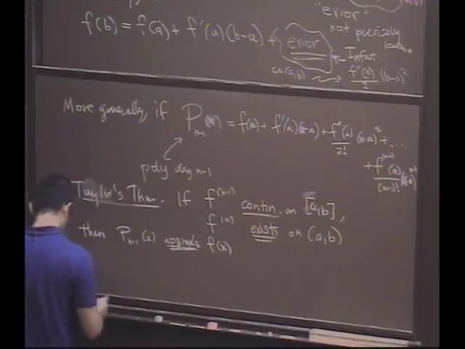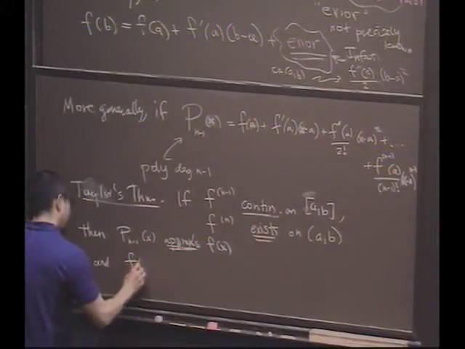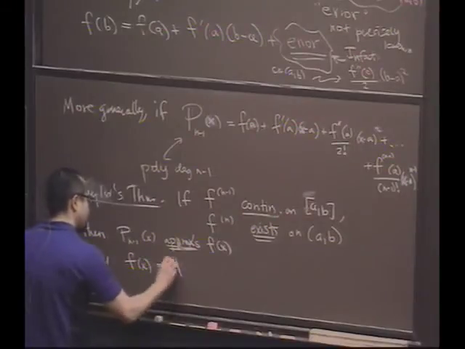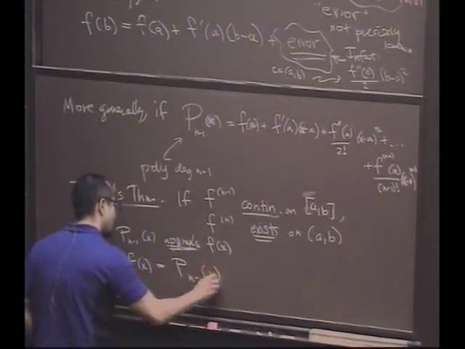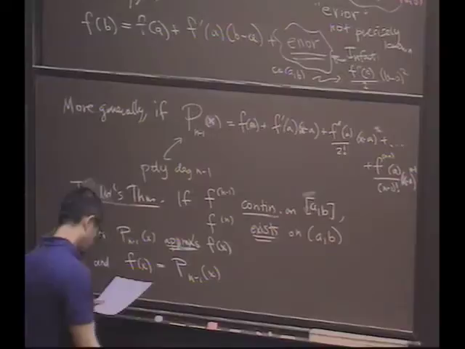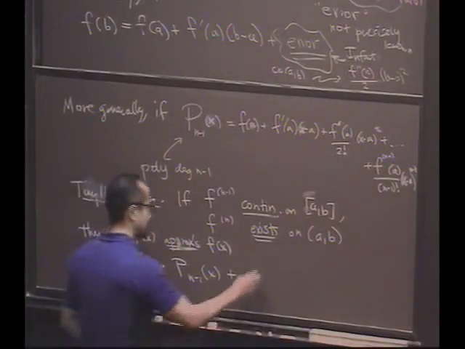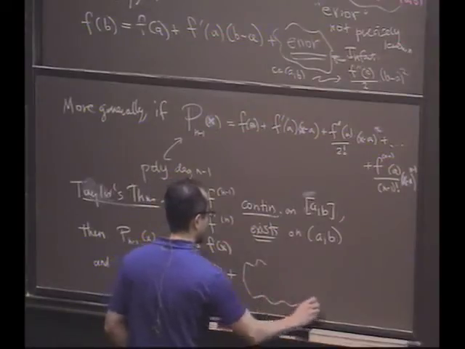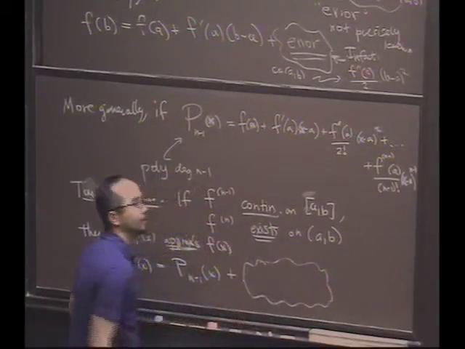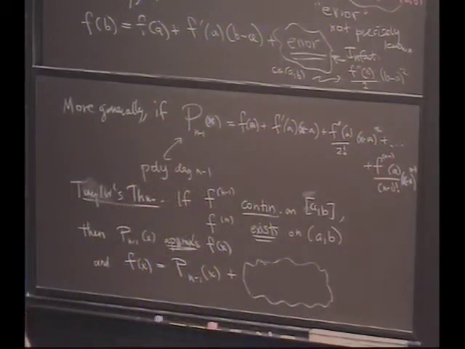How excellent? If you have f of x, I can write it as the polynomial P n-1 of x plus an error term. What's that mysterious error term?